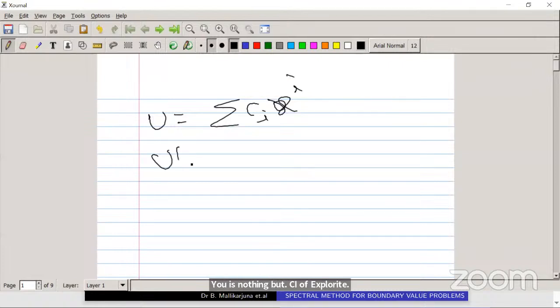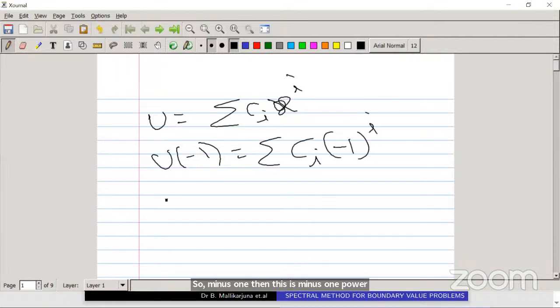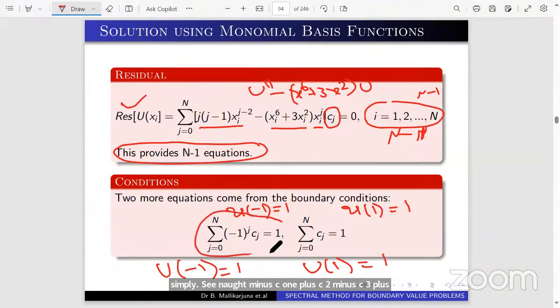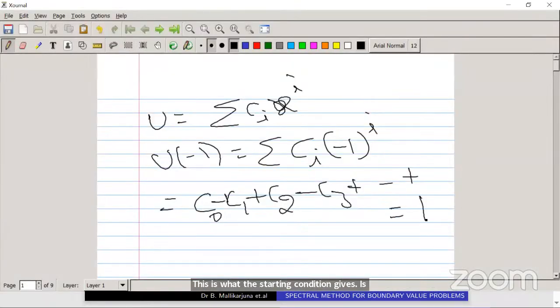So if x is minus 1, then this is minus 1 power i. So it is simply C0 minus C1 plus C2 minus C3 plus and so on. This is what the starting condition gives, equal to 1.